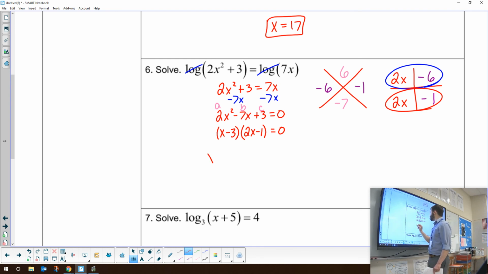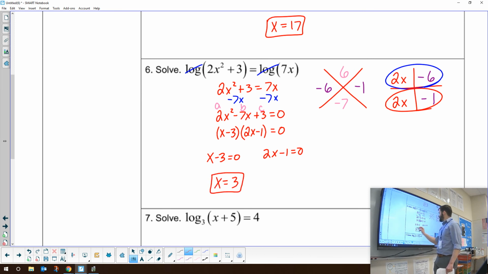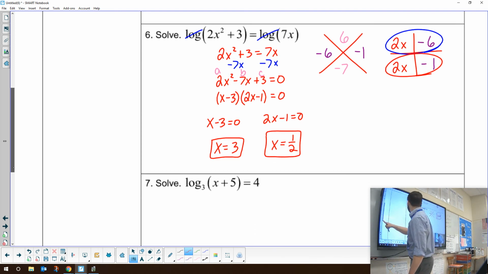We're going to set both of my factors equal to 0 so I can solve. If I add 3 to both sides here, we get one answer of x equals 3. And if I add 1 and divide by 2 here, we get my other answer of x equals 1/2. Okay? So there you go. x equals 3 and x equals 1/2.